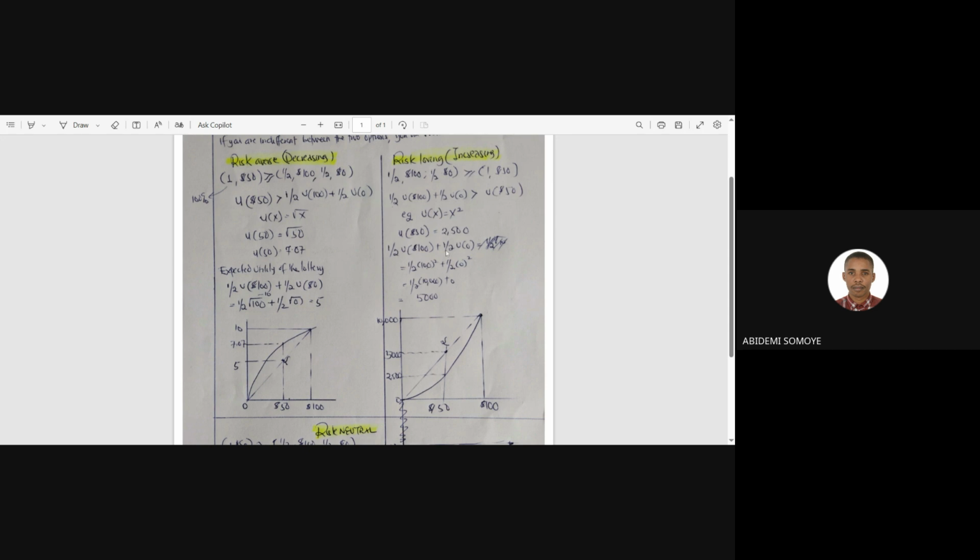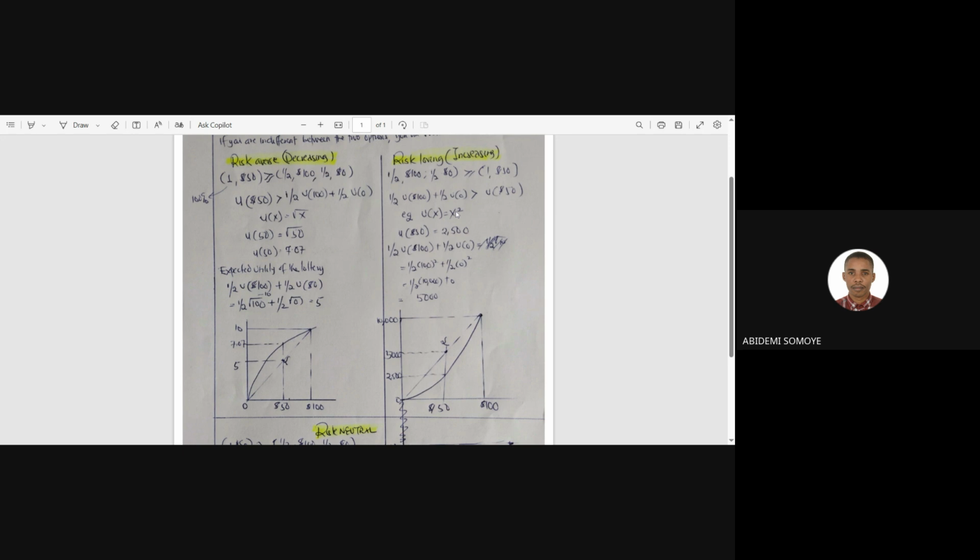You need that to be able to arrive at your values, whether it is okay to play the lottery or whether it is okay not to play the lottery. So if it is okay to play the lottery, what do you need to do? Just plug in, for example, 50 squared.